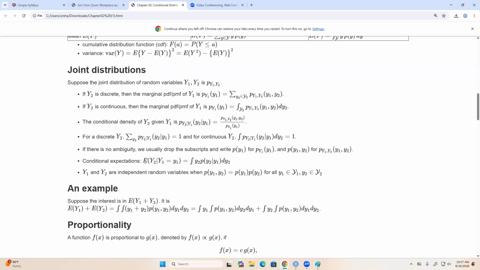Conditional expectation is defined as follows, and for the conditional expectation calculation, you need the conditional density. And if y1, y2 are independent random variables, then the joint probability density of y1, y2 can be obtained as the product of the two marginal densities.